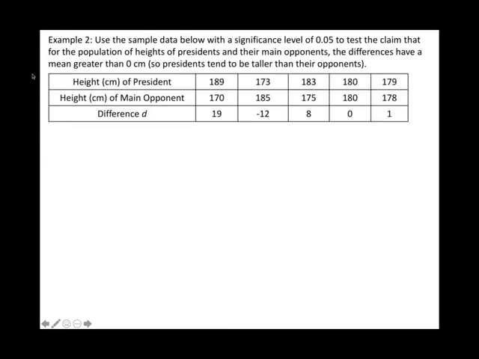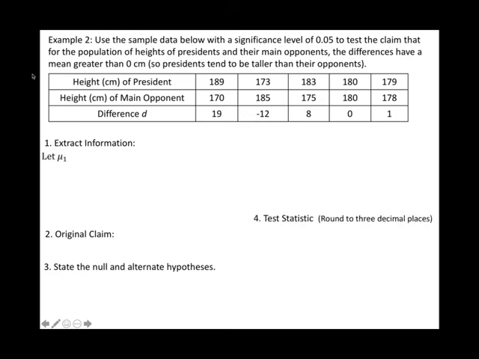Okay, example 2. Use the sample data below with a significance level of 0.05 to test the claim that for the heights of presidents and their main opponents, the difference has a mean greater than 0 centimeters. First step, we're going to define mean 1 and mean 2.